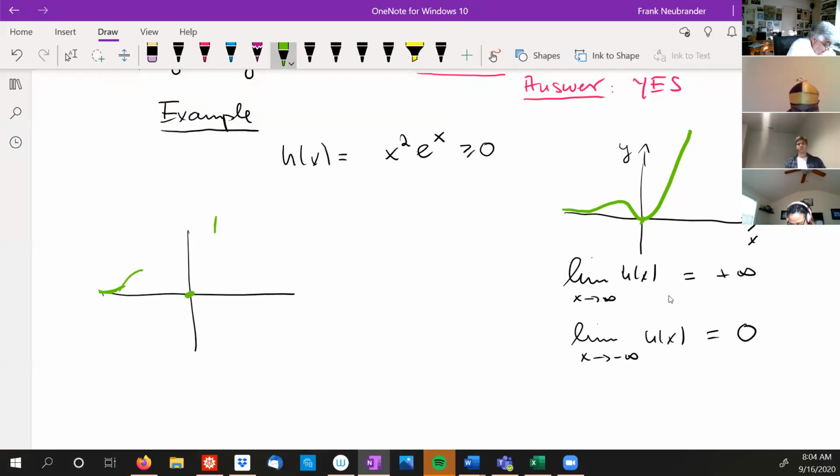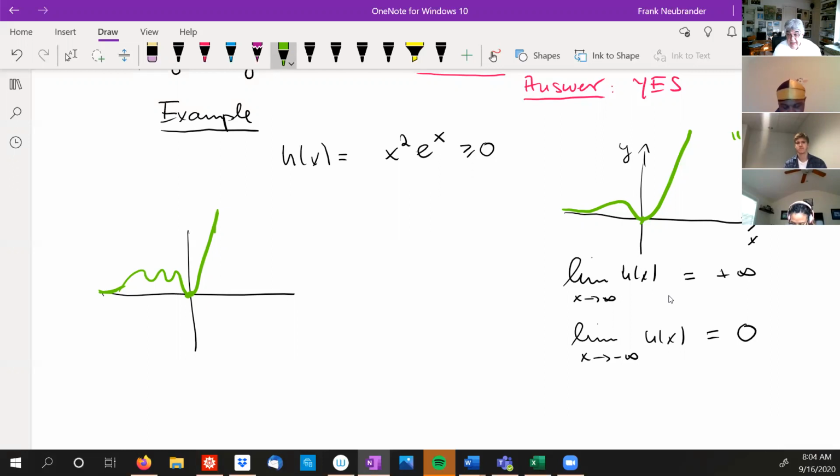So I could also have something like this. So this one here would be the easiest possible graph that has this behavior.